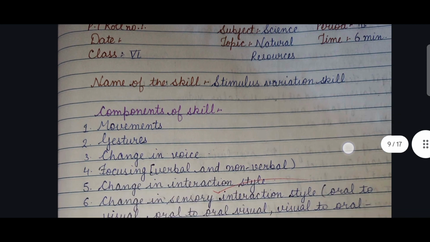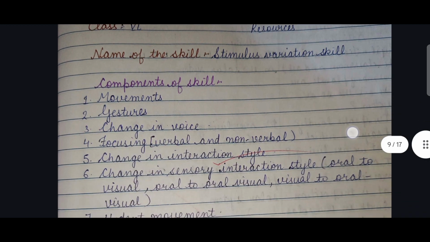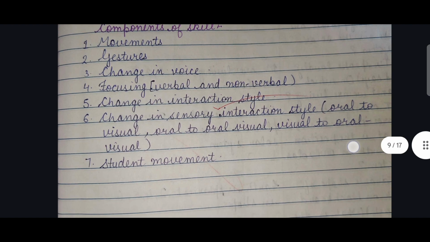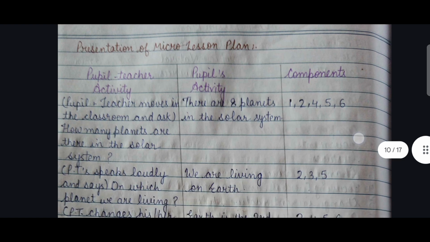Now the components of the skill are mentioned, like movements, gestures, change in voice during teaching, change in interaction style, focusing verbal and non-verbal, and change in sensory interaction style. So these types of variations are noted.